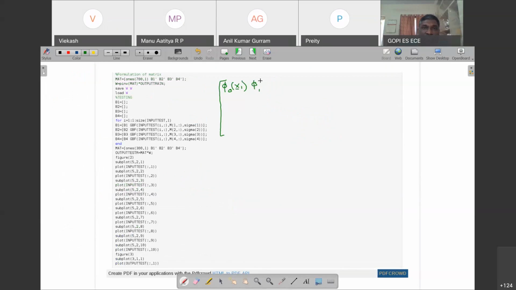Then right, you have this phi naught of x1, phi 1 of x1, and then phi. In fact, I can now write how many are there. We are having 5: phi 2, then phi 3, then phi 4.